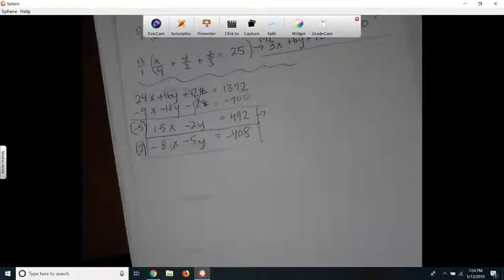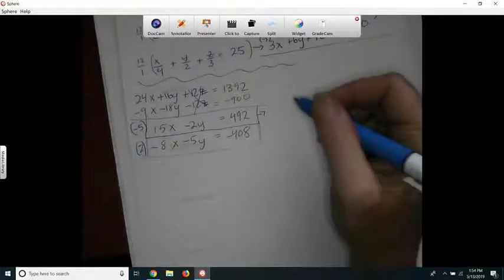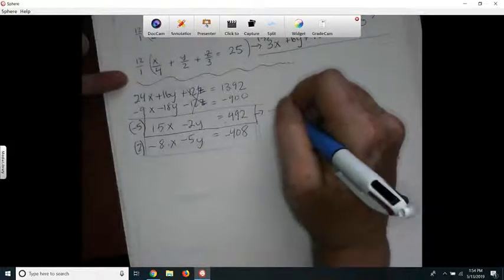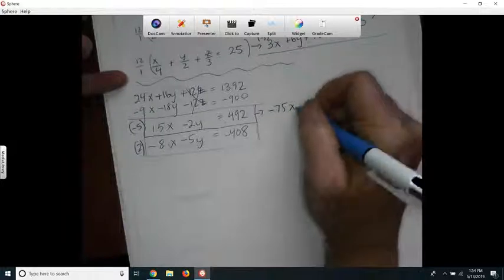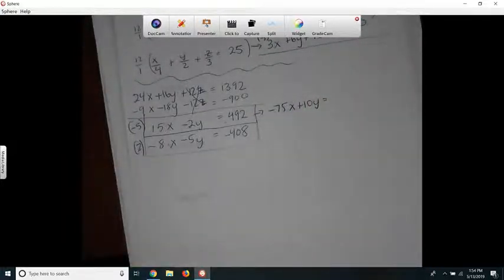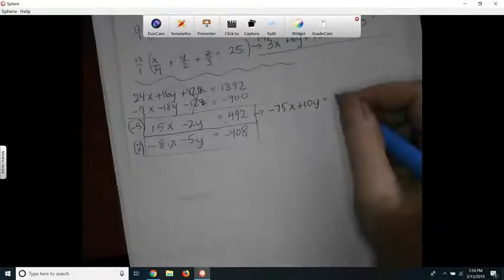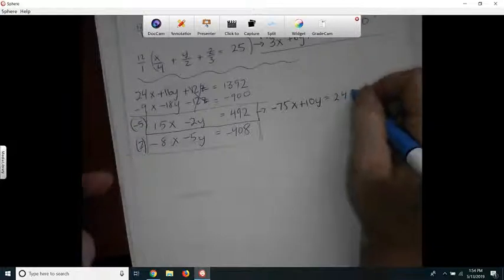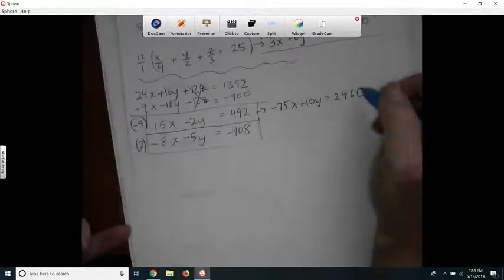So 15 times 5 I think is 75. So this is going to be negative 75x plus 10y. 5 times 492, but it's negative.